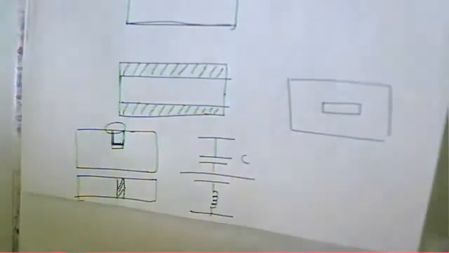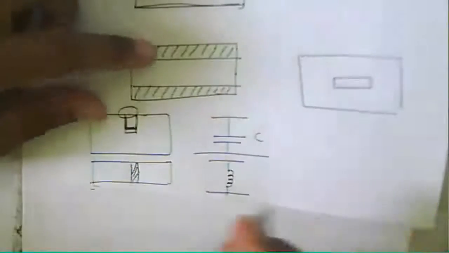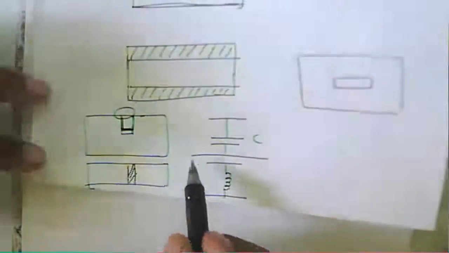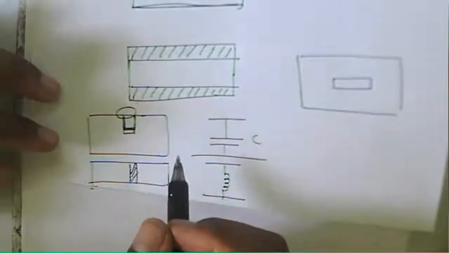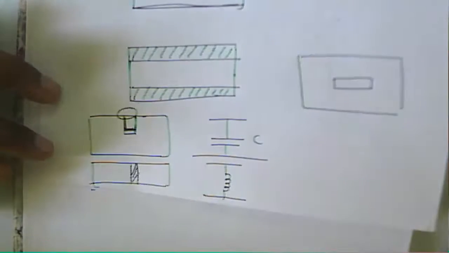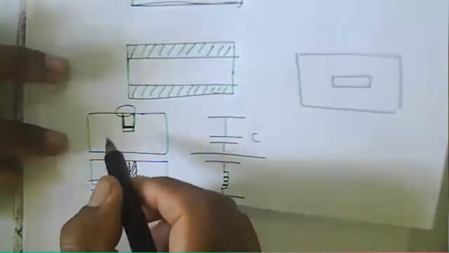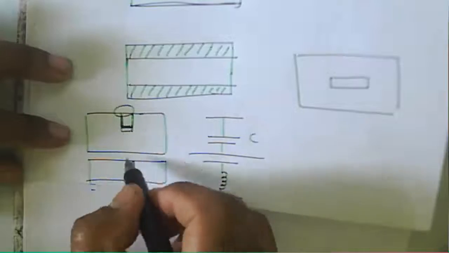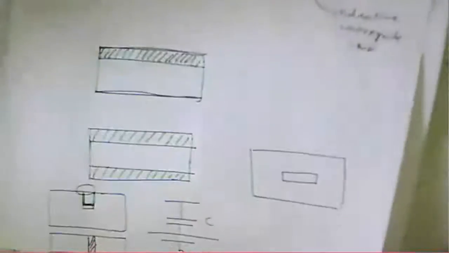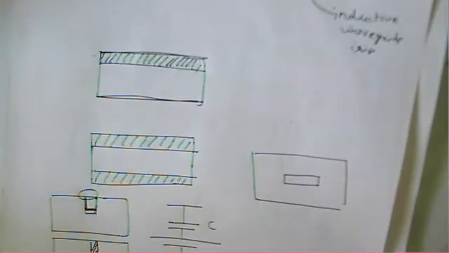So it depends on how we penetrate the obstacle into the field. That is the iris, or we can call it a waveguide post or a waveguide screw. All these names are the same, and it works according to how we put the obstacle in the particular place.